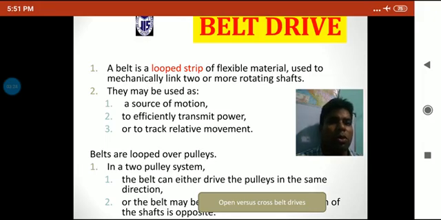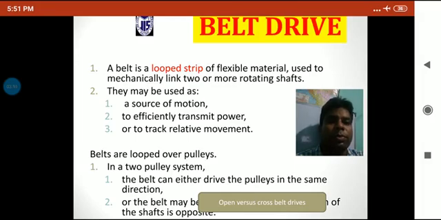Number two, to efficiently transmit power; I also mentioned that motion, torque and power can be transmitted by the belt drive. And next is to track the relative movement. Tracking the relative movement is also very important for designing the belt drive.